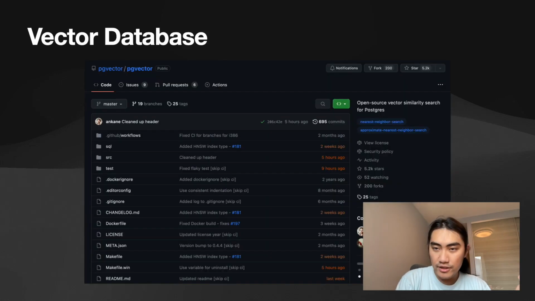Once you have these vectors, you may want to store them and index over them. A lot of people may recommend that you use a vector database. But actually, you may not want a vector database, because it means you have two databases and two sets of logic, and you cannot maintain features like ACID over these two different databases.